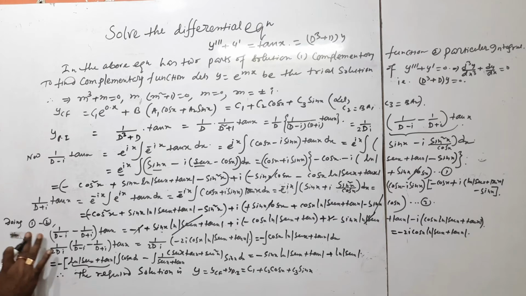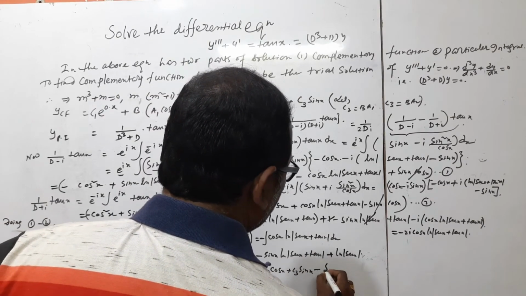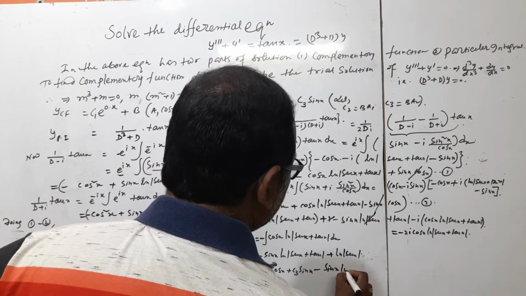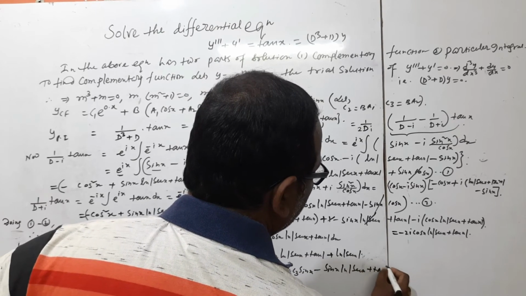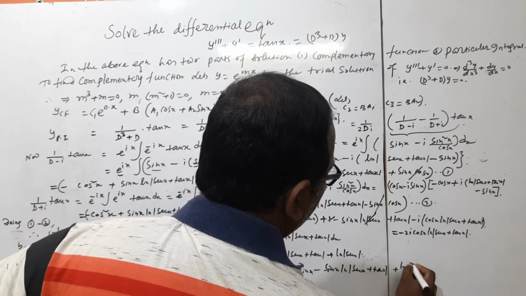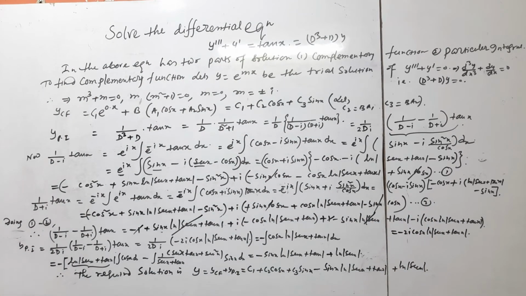Therefore y suffix PI is minus sin x ln mod sec x plus tan x plus ln sec x. Okay, so this is our required solution for this method.